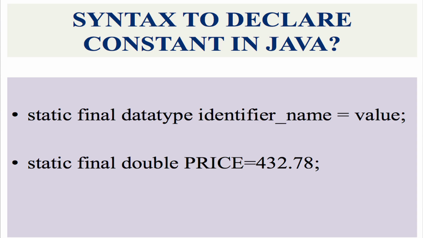So identifier is always written in capital letters. According to the Java naming convention, the identifier name must be in capital letters. That's why we have written PRICE in capital letters here. So PRICE is the identifier here.